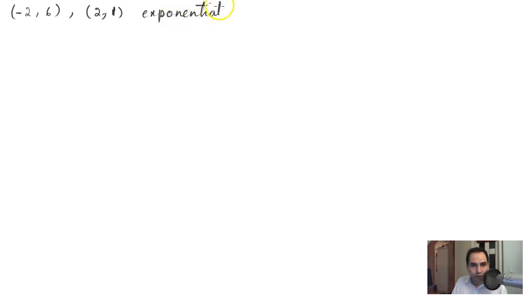So I want to find the exponential function that passes through these 2 points.